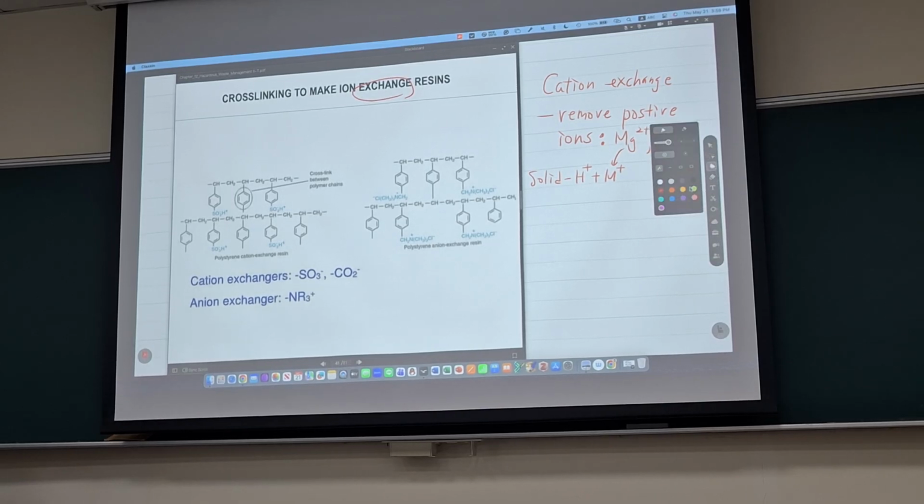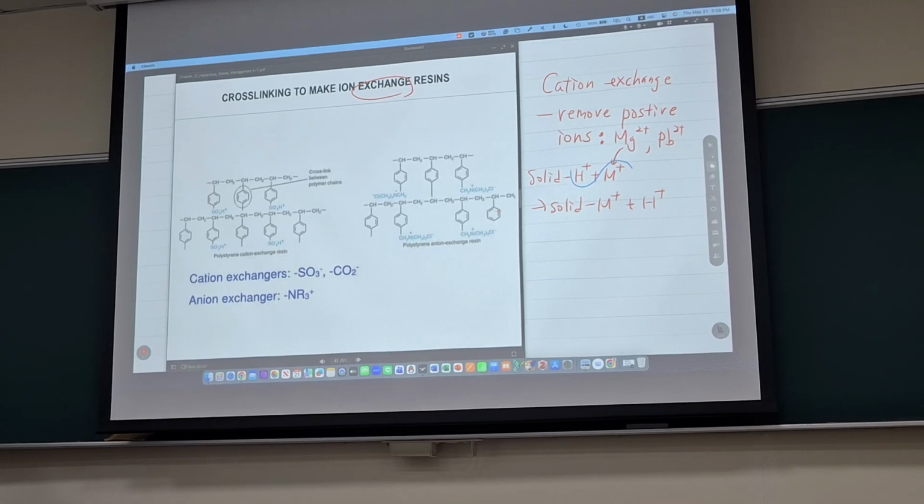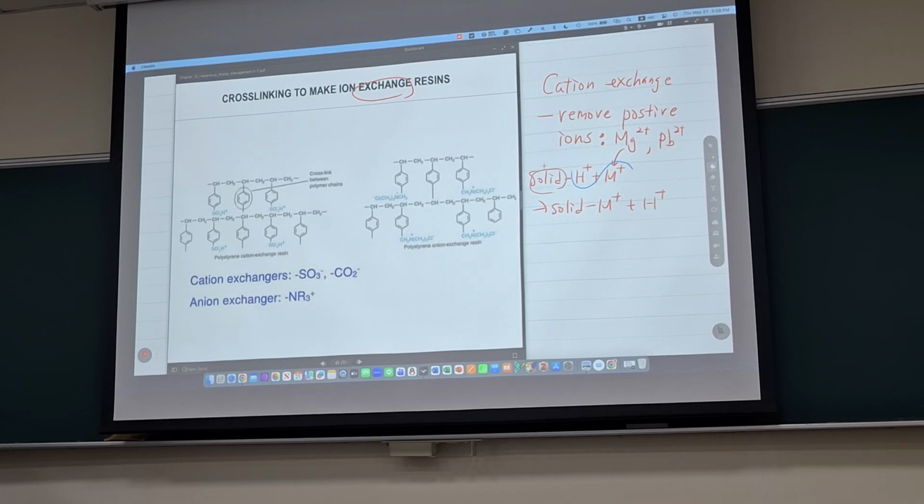These two will exchange. So it becomes solid with N plus, and this solid is resin.